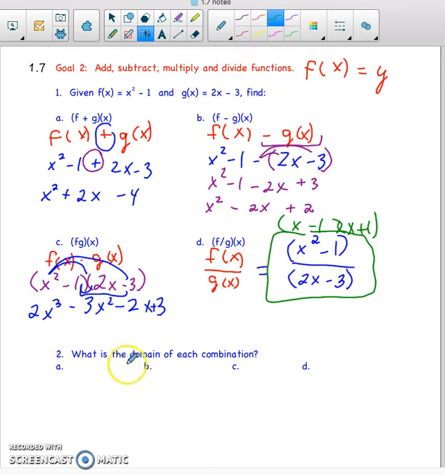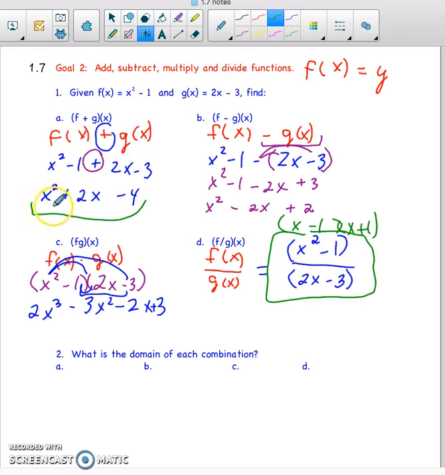And let's now go back and find the domain of each combination, meaning the domain of the sum, the difference, the product, and the quotient. If I look back at A, so 2A corresponds to 1A. Remember that when we're looking for the domain of the function, we're asking ourselves, is there anywhere that would cause this function to be undefined on a set of real numbers?